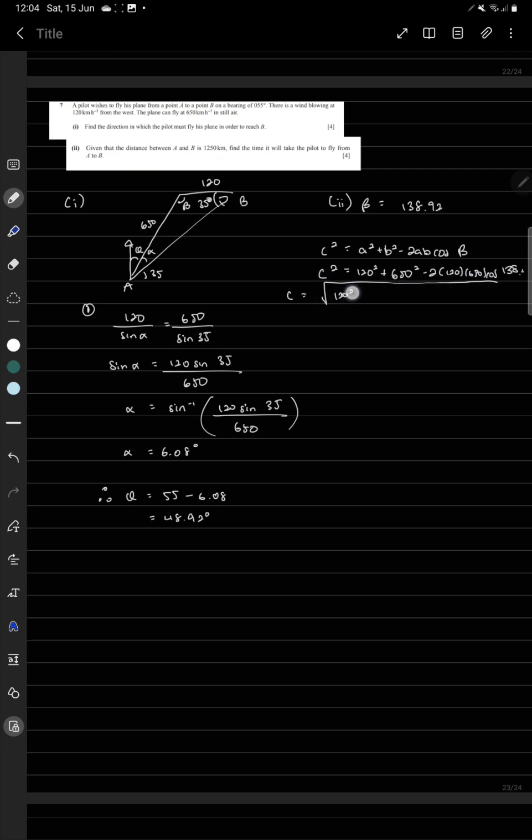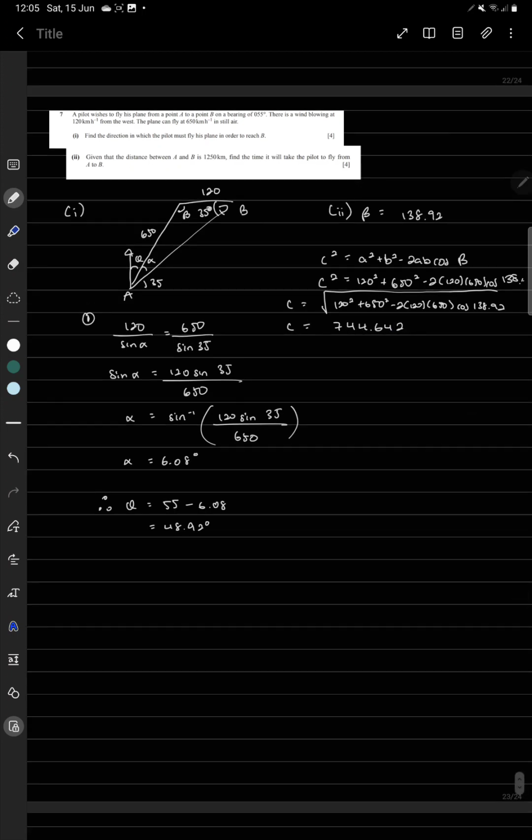We have 120 squared plus 650 squared minus 2 times 120 times 650 cos 138.92. And the velocity that we're going to get is equal to 744.642. Okay, so I would use the whole answer, and this is just for representation.